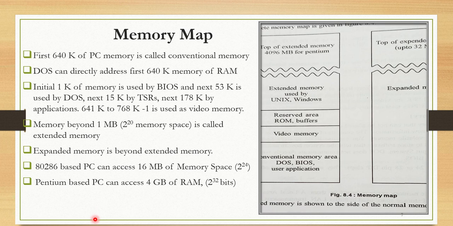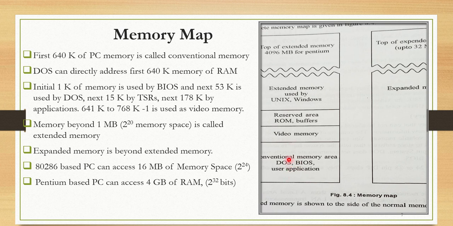This is a memory map. In the initial DOS machine, at that time they used only conventional memory. That means 0 to 640K of memory is used by the DOS system. So the first 640K of PC memory is called conventional memory, and DOS can directly access this portion of the memory.